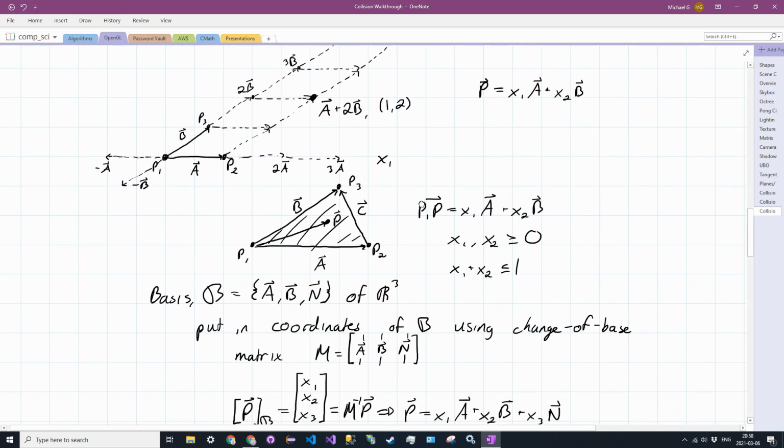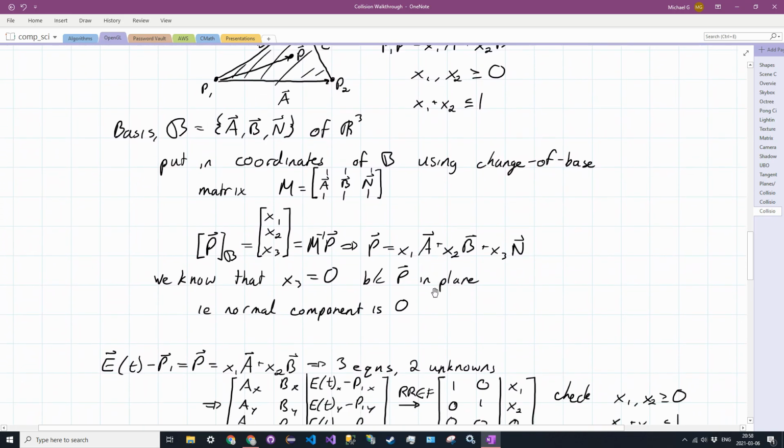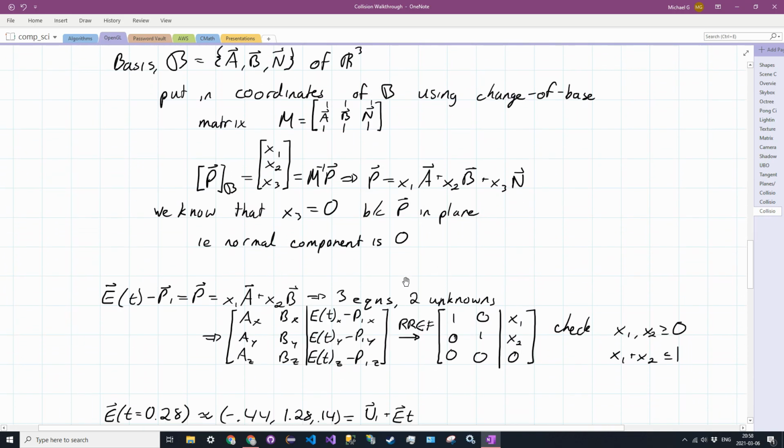So we could have 3 equations and 3 unknowns trying to find that x3 component, and if we don't assume that it's 0, we can check that it has to be within negative 0.05 and 0.05.